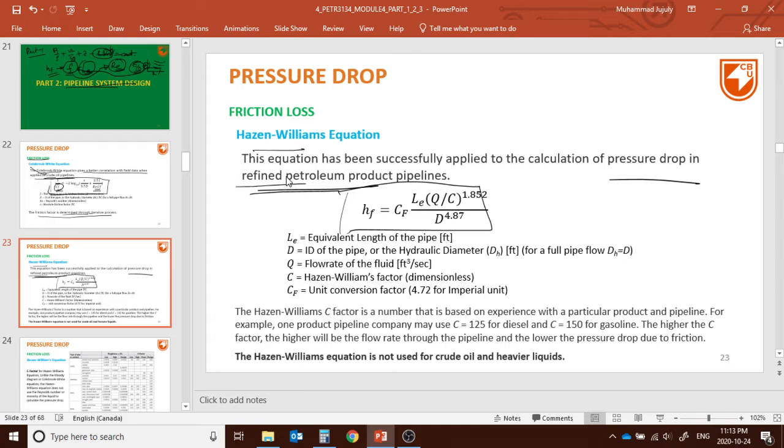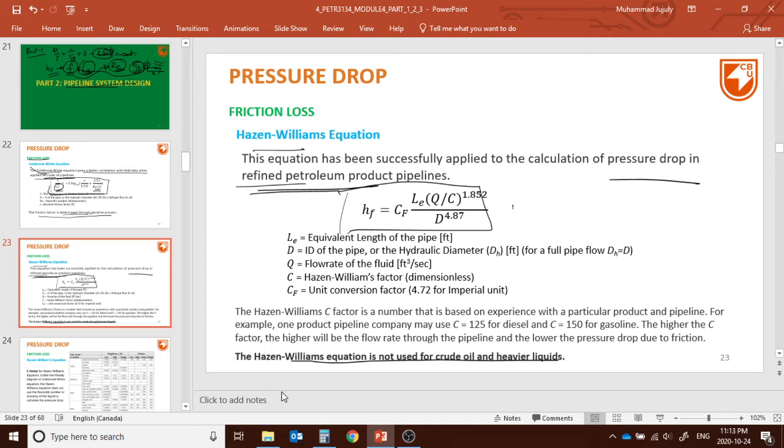That means this is the equation for the Hazen-Williams. Now why is that? Because you can use the Hazen-Williams equation for refined petroleum, but you cannot use it for crude oil or heavier liquids because of the viscosity.